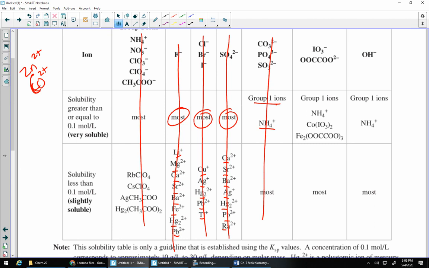Okay, hopefully we're getting somewhere with this one. So it says, with iodate, cobalt is highly soluble, but everything else is not. Cool, so everything else, that must include zinc. So I think iodate, IO3, is the one that we're looking for.